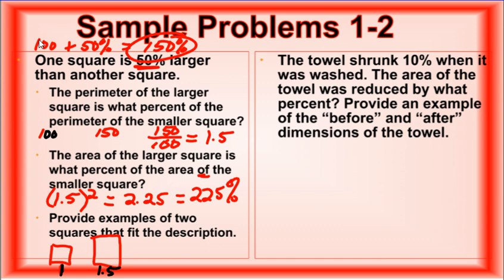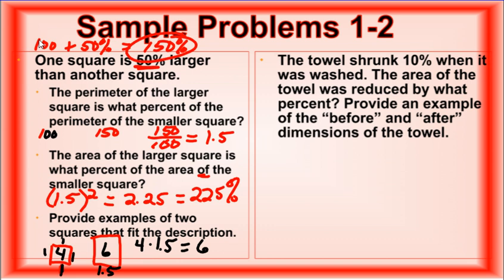And let's just say we did the perimeter. The perimeter would be 4 for this one, and the perimeter for this one would be 1.5 times 4, which gives us 6. So you can see that the smaller square times 150% would give you your 6.